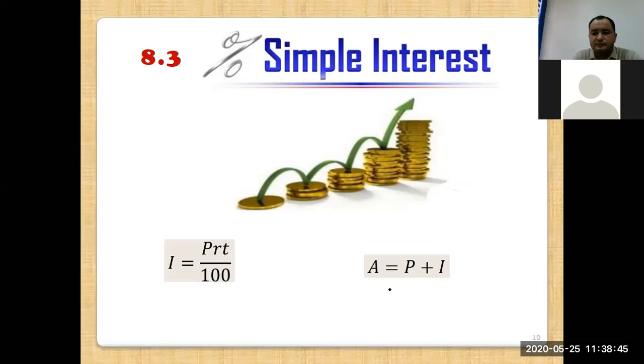So I'll defer this to later chapters, maybe chapter 9 or 10. Here we'll talk about 2 different interests: number 1 is simple interest, number 2 is compound interest.